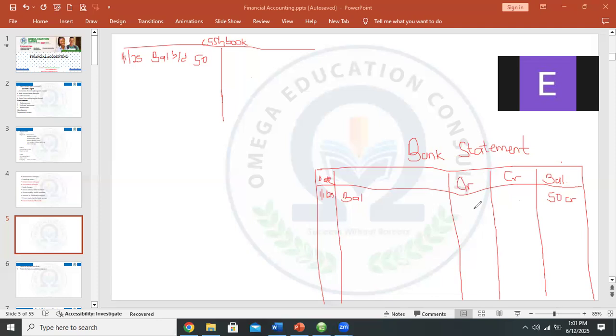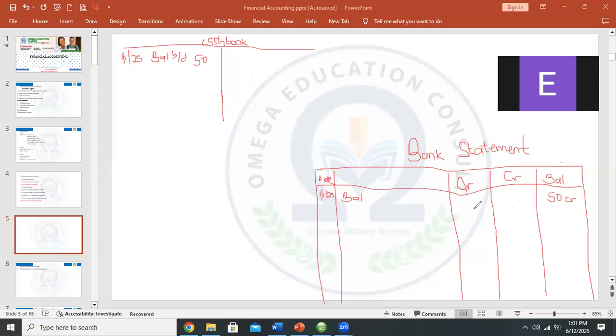And a bank overdraft is referred to as an unfavorable balance. How does this happen? It happens when you withdraw more than what you have in your bank account. Now, this is actually a form of a loan. It's a short-term credit facility given to current account holders, where, for example, if you have 100 cedis in your account, the bank will allow you to take what? 150.